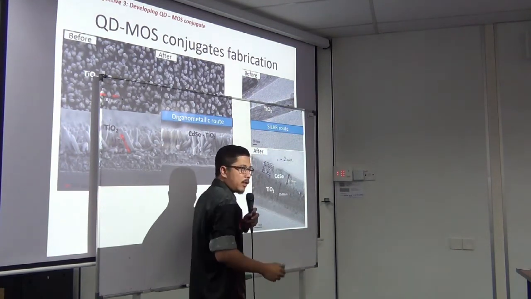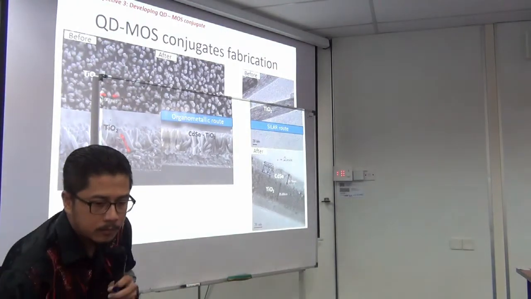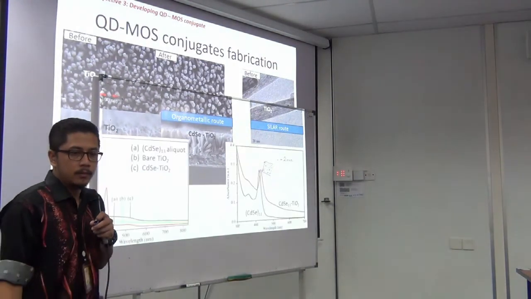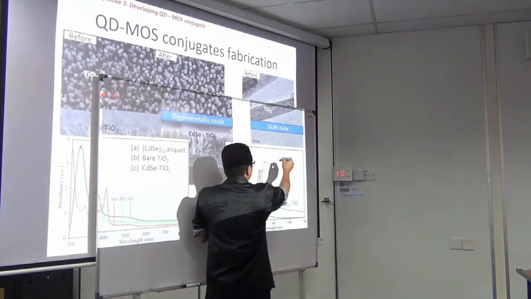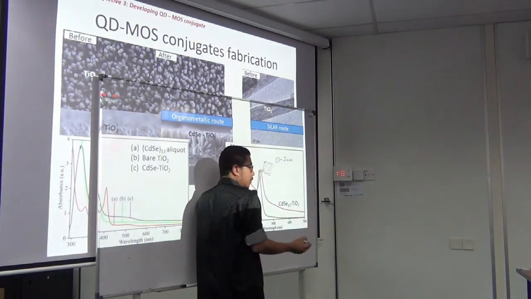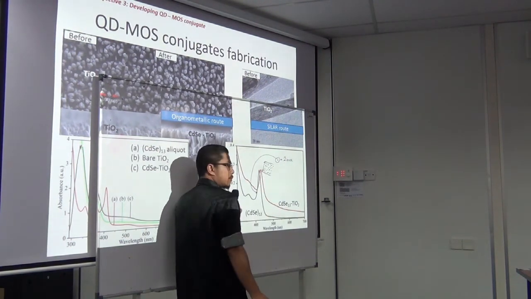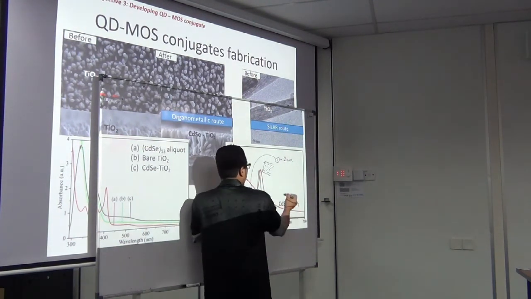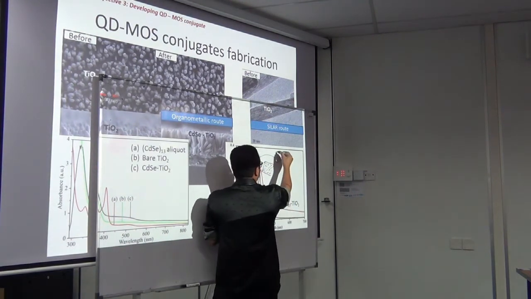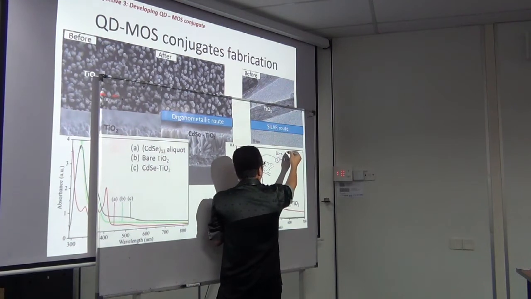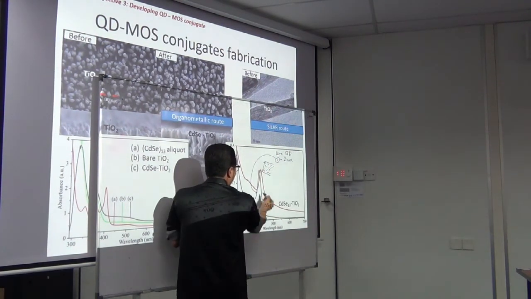Then we check with UV-Vis. We got this graph, meaning that this dot will give us the black line. Bare dot, one dot only. This is bare QD. Only QD gives us the black line.